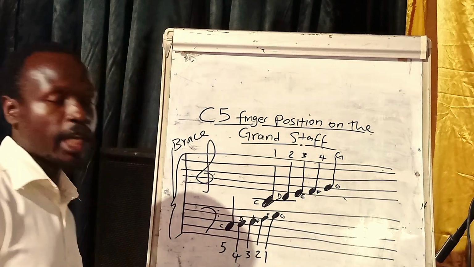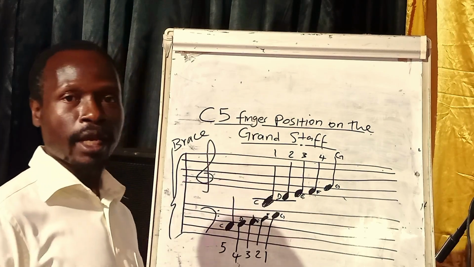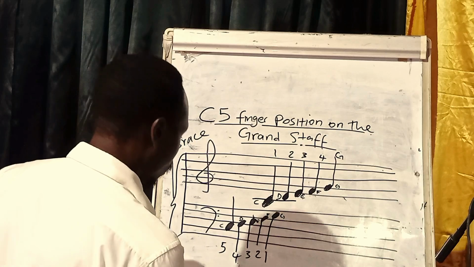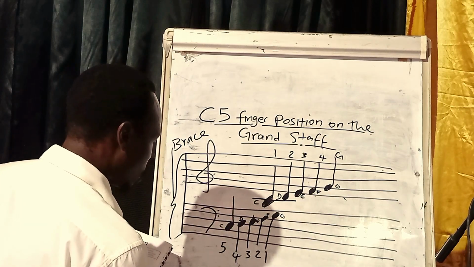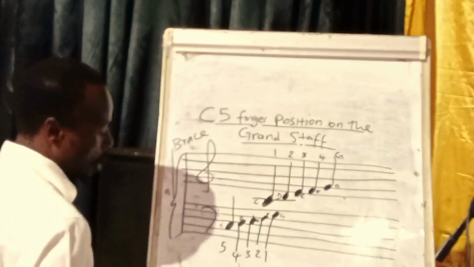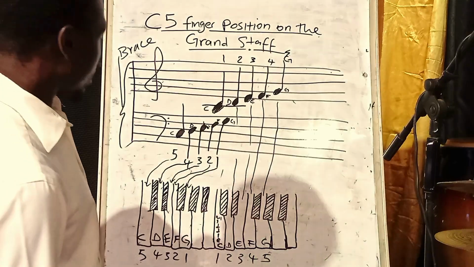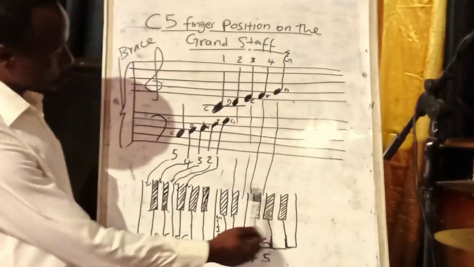Remember, on the keyboard we have 2 group black notes and 3 group black notes. So I'm trying to do that. To draw that, beginning with the 2 group black notes, then the 3 group black notes comes next. So this is how it looks on the piano.